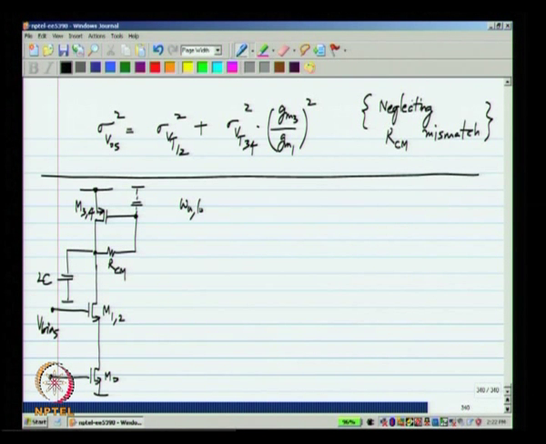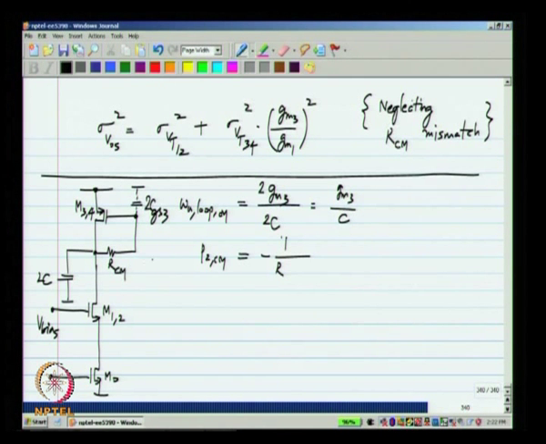So the unity gain frequency of the common mode feedback loop is Gm3 by C, and there is a parasitic pole due to this R and that C, and this C is nothing but 2 times CGS3. So this is at, in the left half plane, of course, RCM by 2 times CGS3.